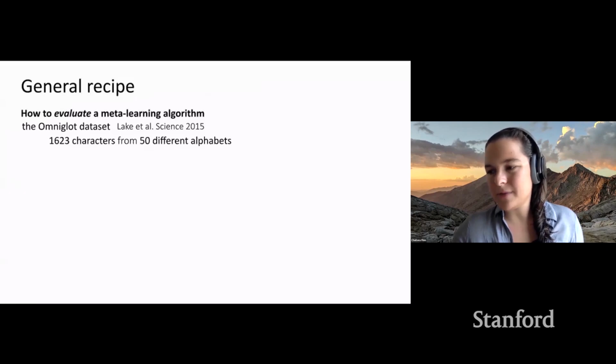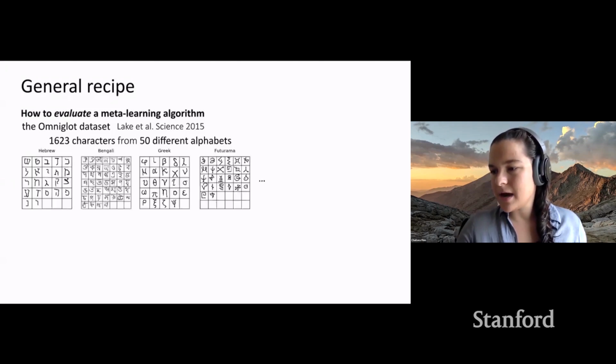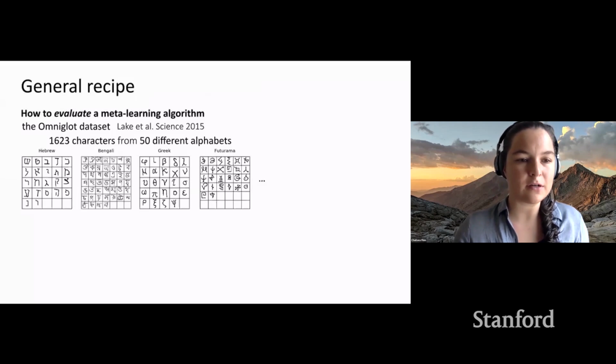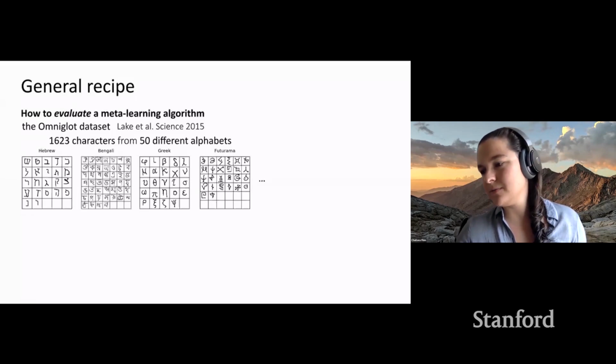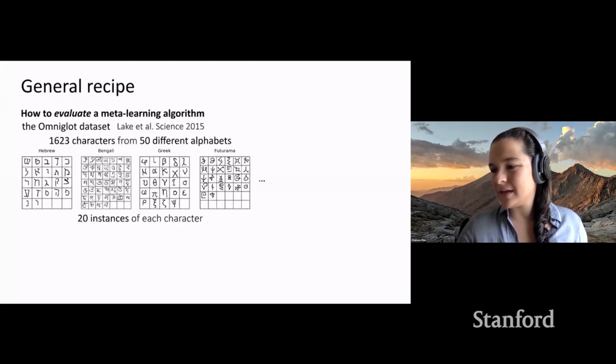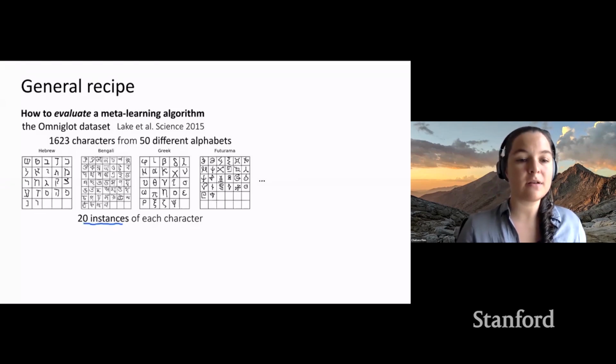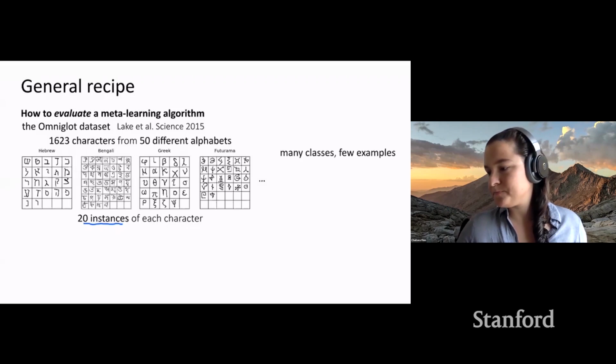The Omniglot dataset has 1,623 characters from 50 different alphabets. Here's an example of what the data looks like. It has alphabets like Hebrew, Bengali, Greek, Futurama. And for each of the characters in each of these alphabets, there are 20 handwritten instances of each character.